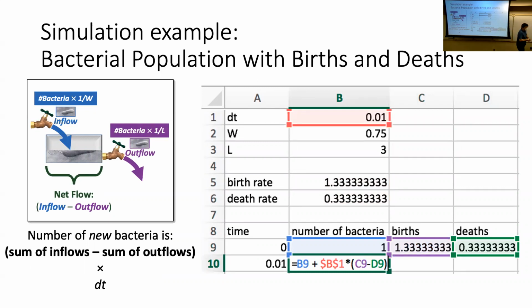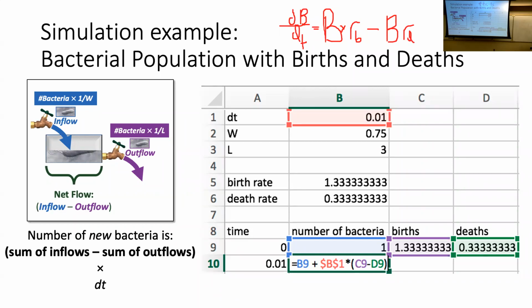So if I were thinking about this equation in terms of calculus, this is effectively saying dB/dt is equal to the number of current bacteria times the bacteria birth rate, RB, minus the number of current bacteria times RD, the death rate.